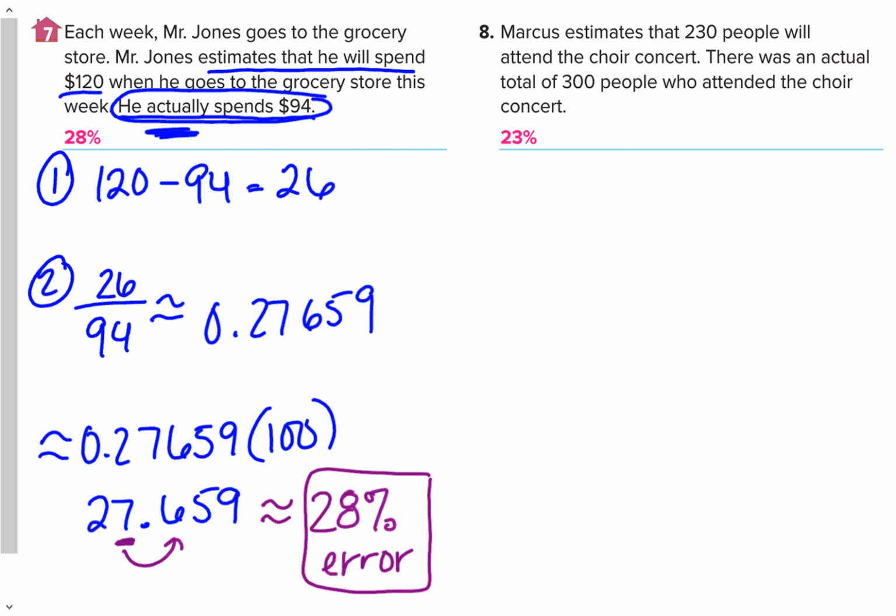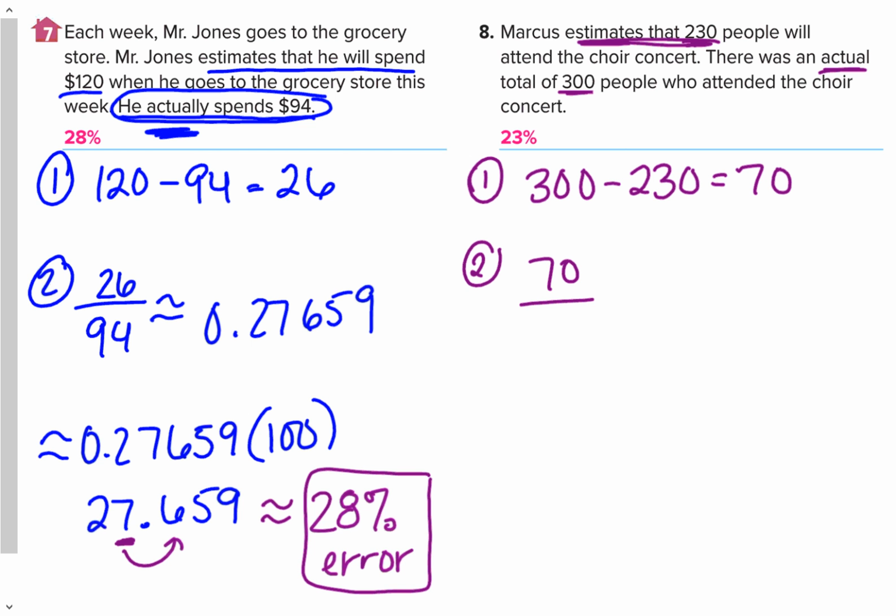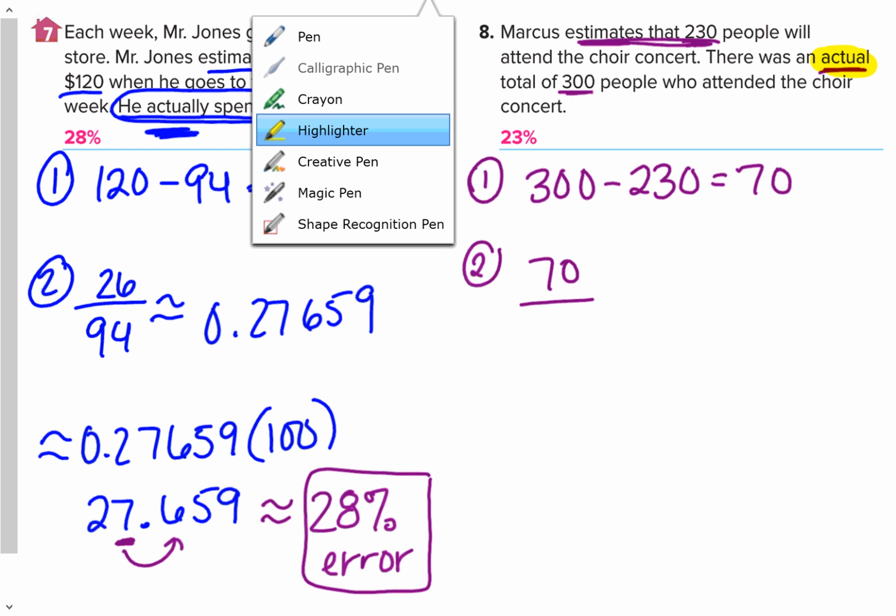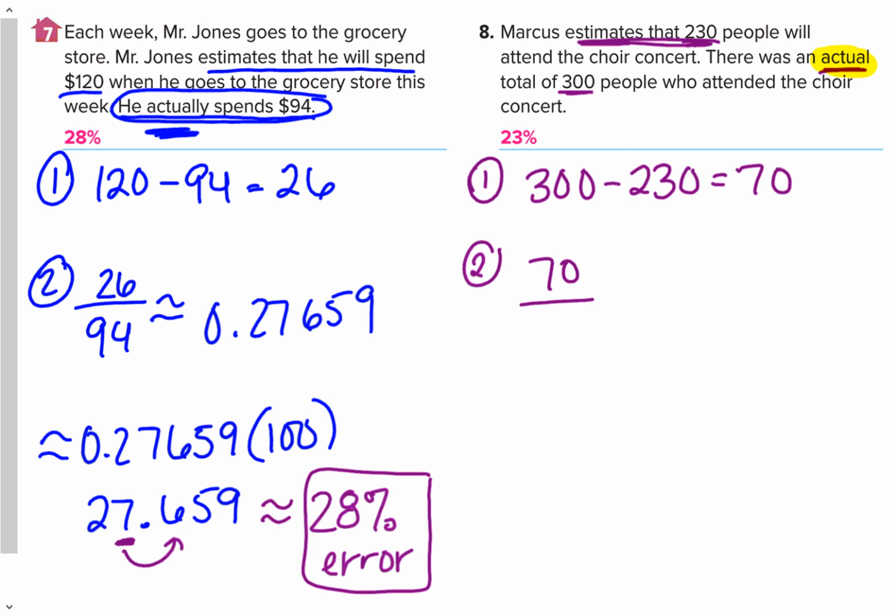All right, so our next one, let's go ahead and find our error. This was his estimate, and this was his actual. So let's subtract the two amounts. All right, that one is a difference of 70. And then you want to make sure that you're putting the actual amount on the bottom. So let's go back to actual is 300.